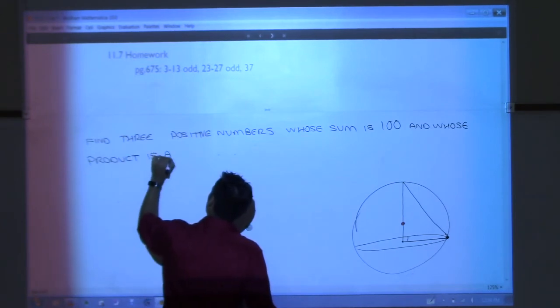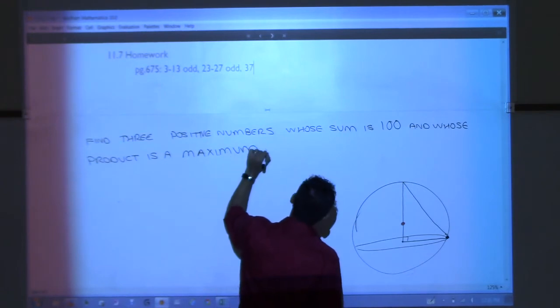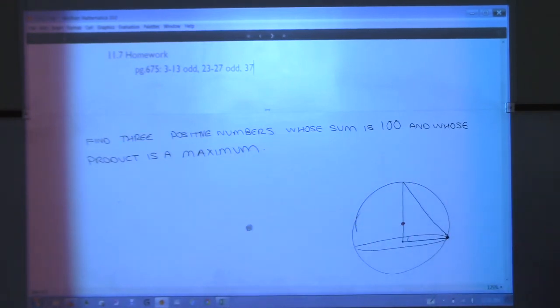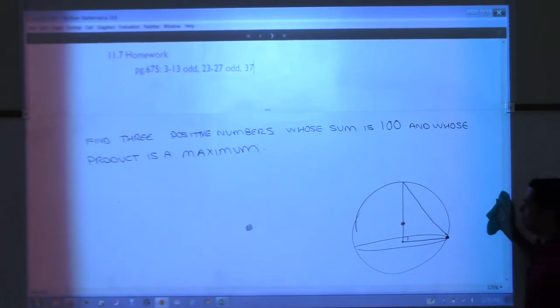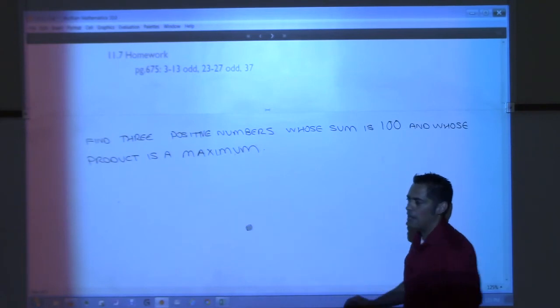So this question is not geometric at all. It's a ridiculous question that we probably would never need to do, but it helps us get the ideas of setting these things up a little better.